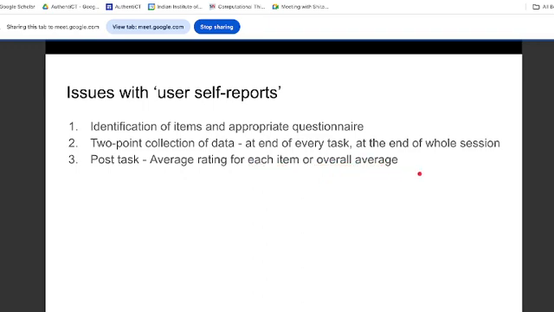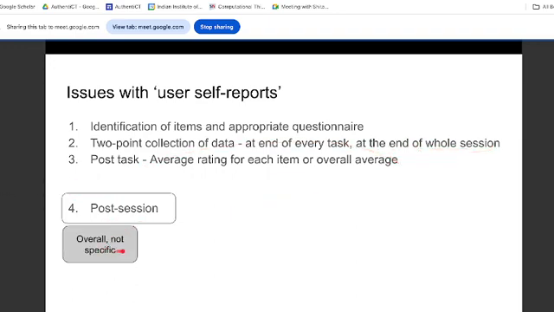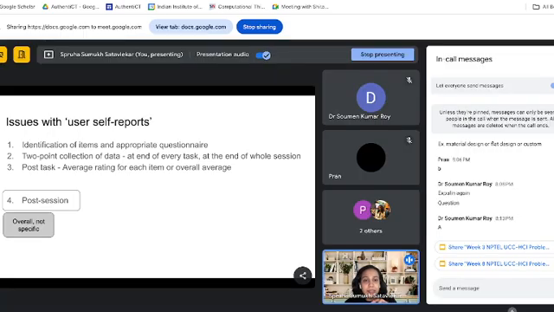In post-session, that is at the end of the whole session, you can get an overall picture, but you won't get a specific problem that they faced while solving a particular task within that system. The challenge is also that at the end of the session they may not remember what they performed, or what difficulties they faced in a very initial stage.